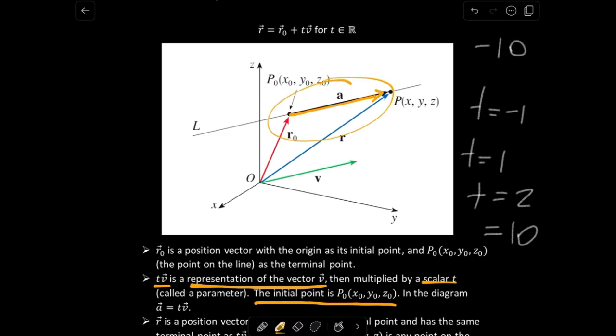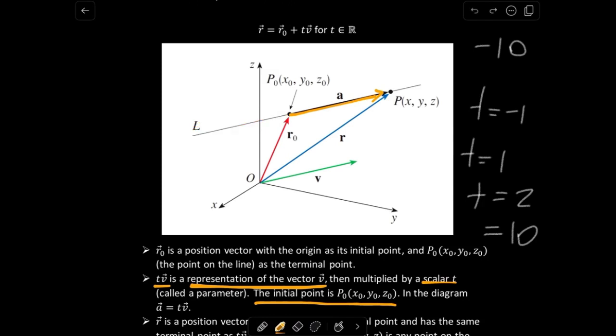So this representation vector, if I was multiplying it by 2, it could be like that. If I was multiplying it by minus 1, it could look like that, right? So that is what t multiplied by vector v is. It is just going to start at that p0 point, and it's a representation of that vector v, and then we are going to multiply it by some t value, and that's going to tell us how far along this line it goes, or how far back it goes if it was a negative number.